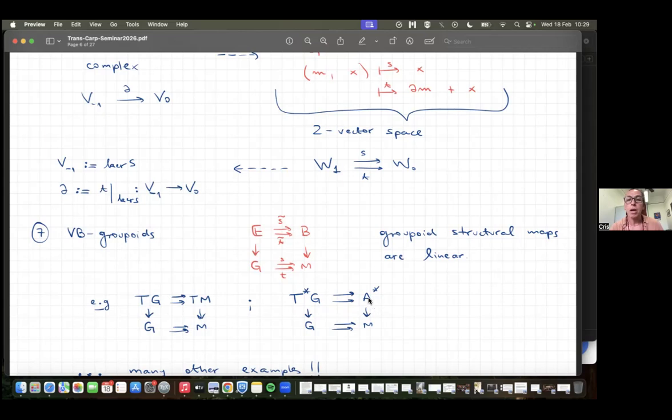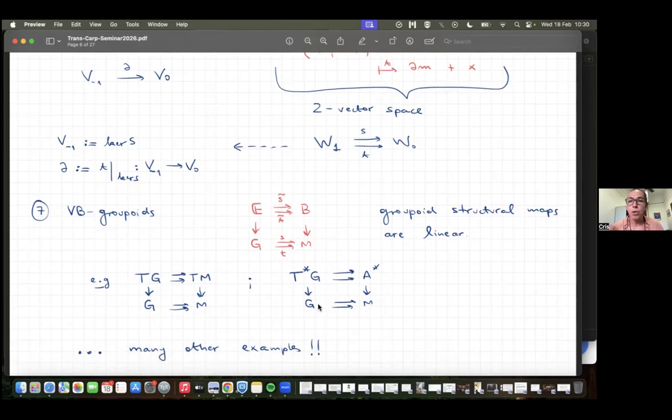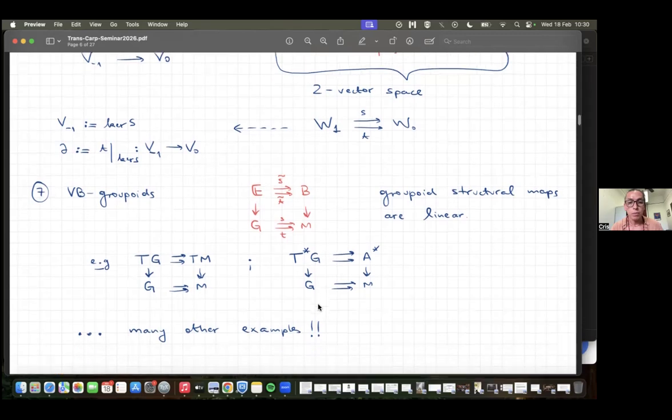So here, A star is the dual of the Lie algebroid of G, and one can describe an explicit groupoid structure on this. Well, there are many other examples of Lie groupoids coming from foliation theory, from principal bundles theory, from orbifolds, and many others, but for the purposes of today, these examples will be enough for us.